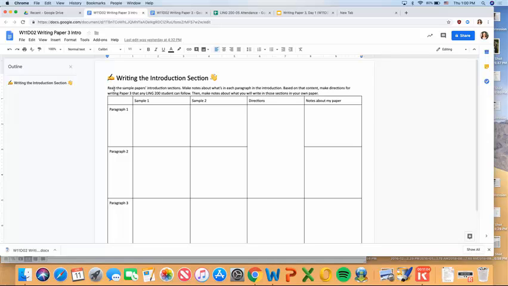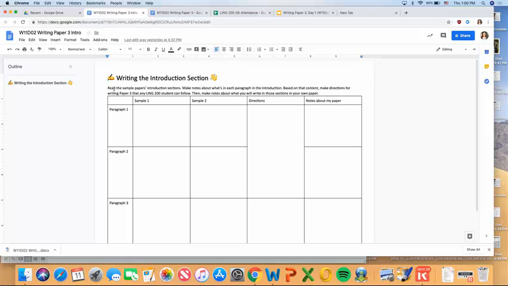All right. So right now, like I said, you can team up with the person, but what you're doing is making notes like what do I read in paragraph 1? What do I read in paragraph 2? What do I read in paragraph 3? Look at the different samples and make notes about what you're reading in there so that we can make directions that you can follow.